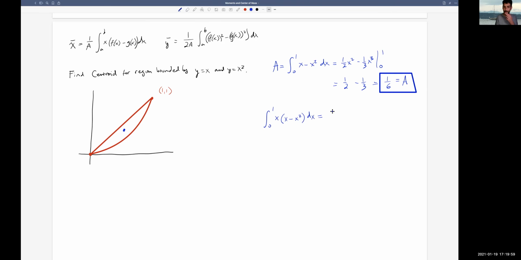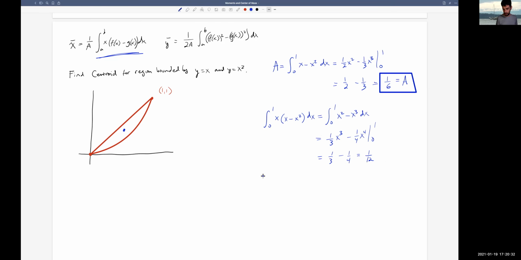I'm just computing this integral here. This will be x squared minus x cubed dx. This is going to be 1/3 x cubed minus 1/4 x to the 4th, evaluated from 0 to 1. We get 1/3 minus 1/4, it evaluates to 0 on the other end, so this looks like 1/12. Okay, so that's that integral.